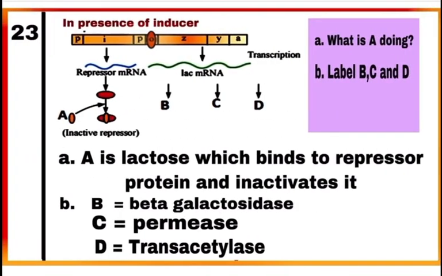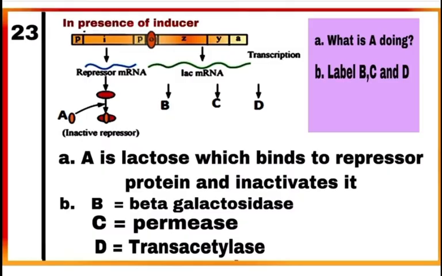23rd. Here is the picture of Lac Operon. In the picture, what is A doing? A is lactose, which binds with repressor protein and inactivates it. Thus, repressor is now not able to bind operator and Lac Operon is on.